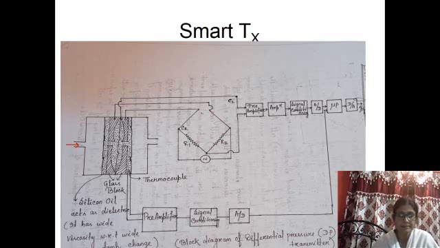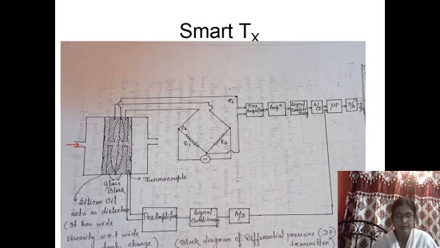These are the balance arms, and these two arms are connected with this low pressure side and high pressure side. So when pressure changes at the high pressure side over low pressure side, then the capacitance at this end will change compared to the other side.